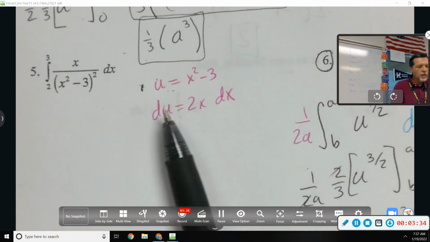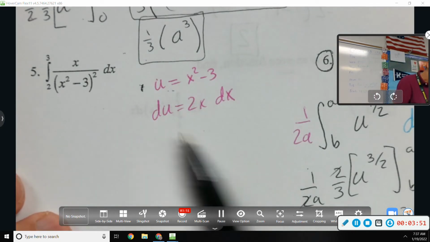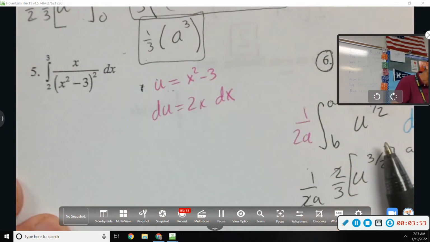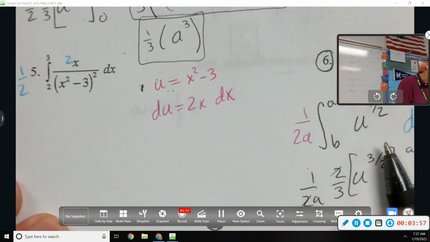Again, it's this game of picking u so that du shows up, but you don't know what du is until you pick u. So you have to think ahead: if u is this, then du is that. That works. Okay, so far so good. 2x isn't there, but we can make the 2x be there with a 2 and a 1/2, so that's not too bad.